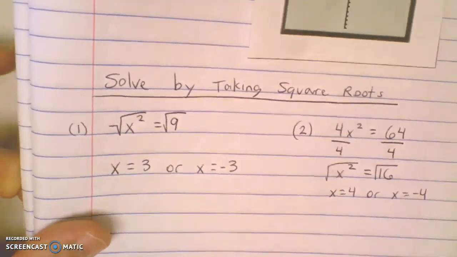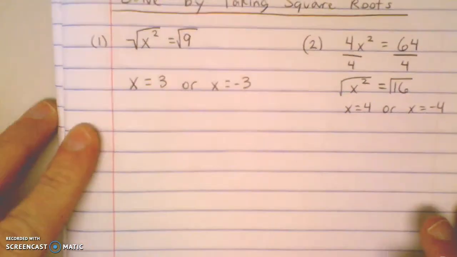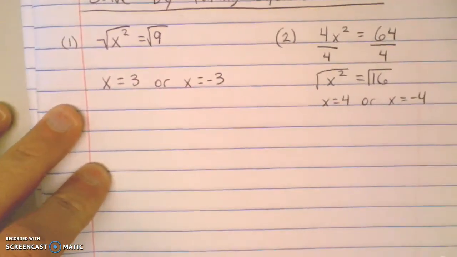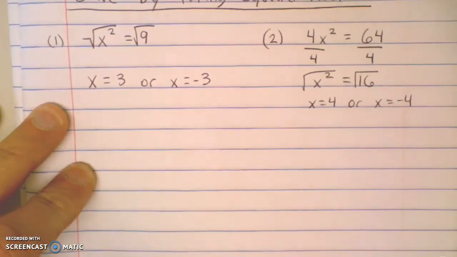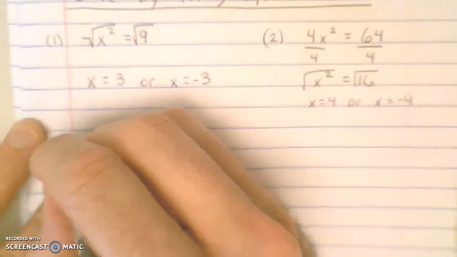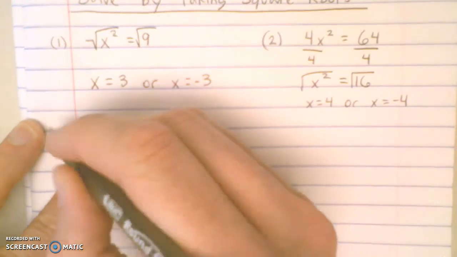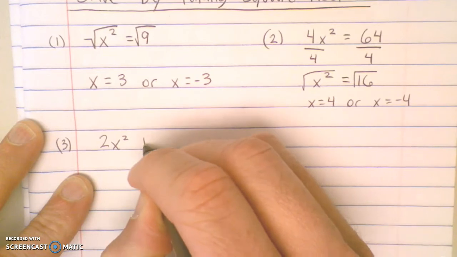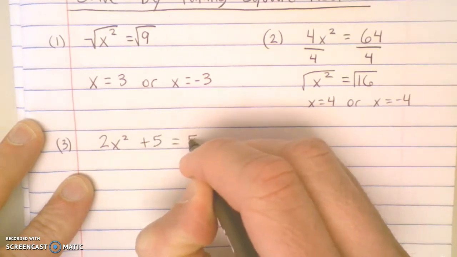Let's take a look at another example. Let's say I gave you 2x squared plus 5 equals 55.